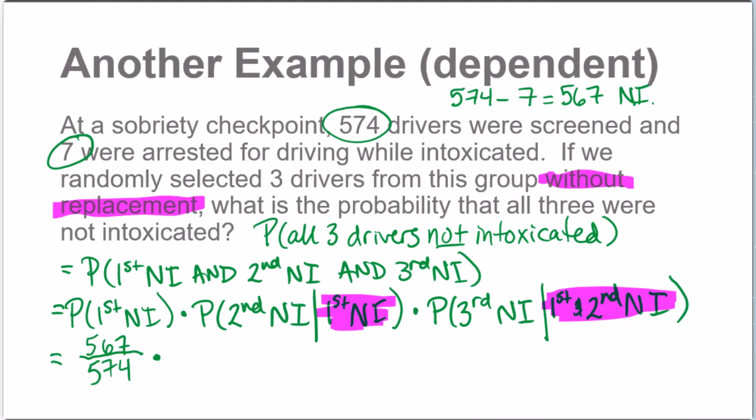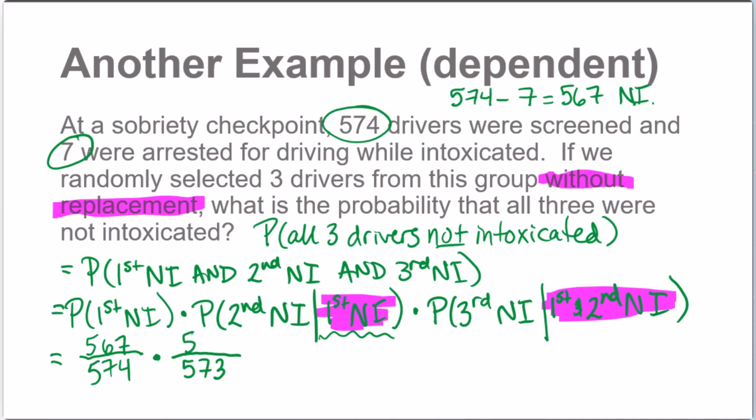Now I look at, okay, what's the probability that the second driver is not intoxicated given that the first driver was not intoxicated? Because I'm selecting without replacement, I have fewer possible drivers. There's 1 fewer driver in the entire pool. So my denominator is now 573. And because the first person was not intoxicated, then the number of non-intoxicated drivers is also 1 less.